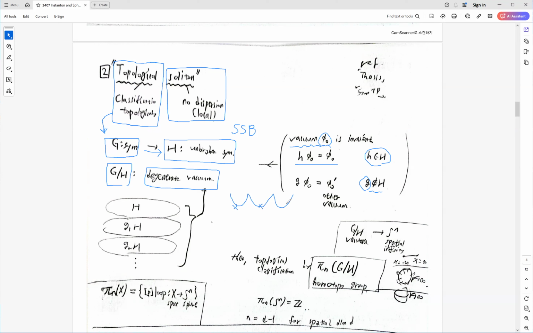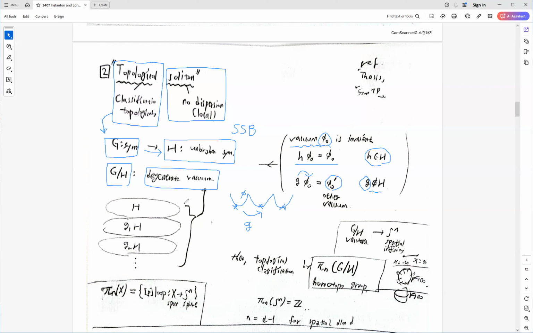And if g acts on some specific vacuum, then this makes a different vacuum, phi 0 prime. So we can say that the cosets from this capital H, the unbroken symmetry, g1 H, g2 H, correspond to the degenerate vacuum, each vacuum.